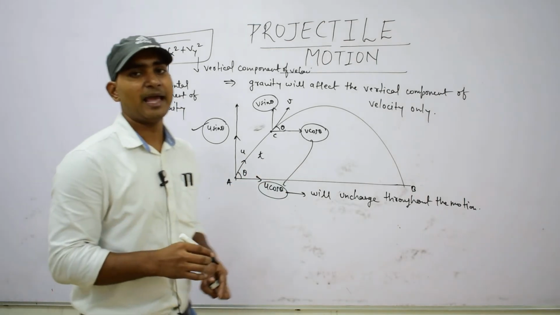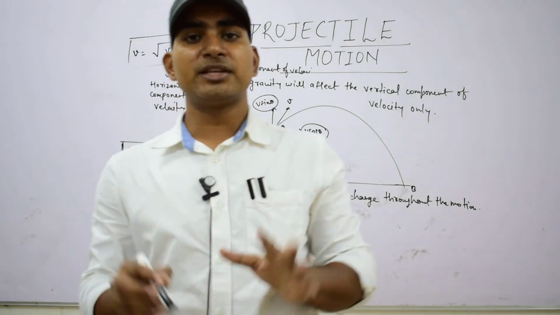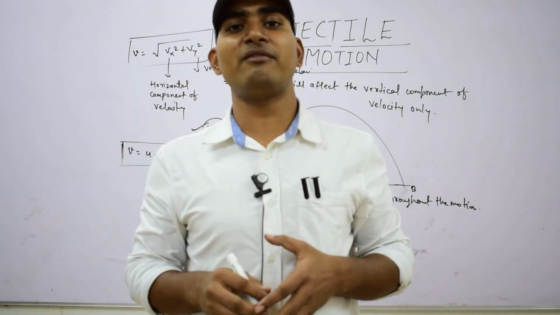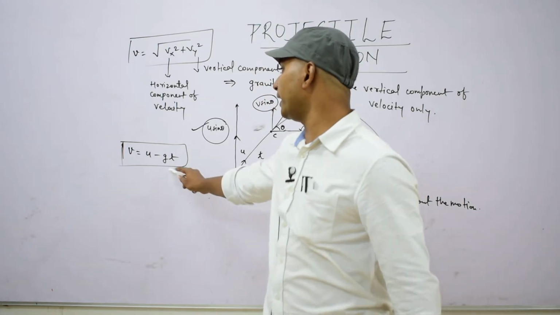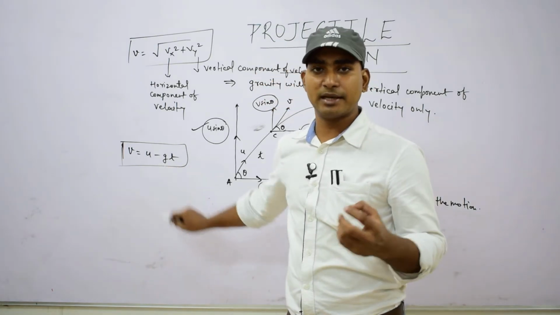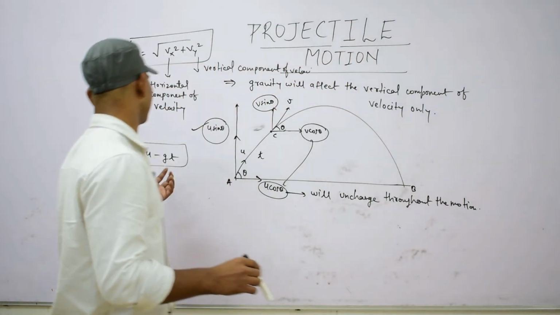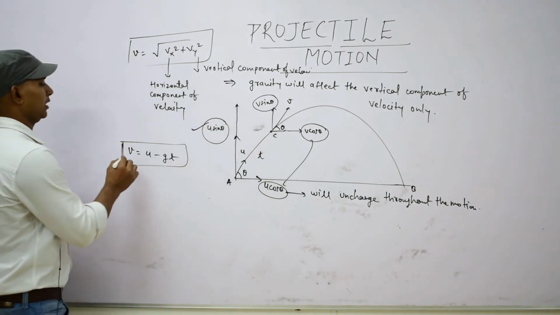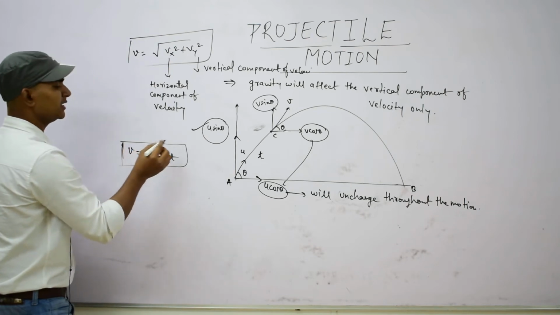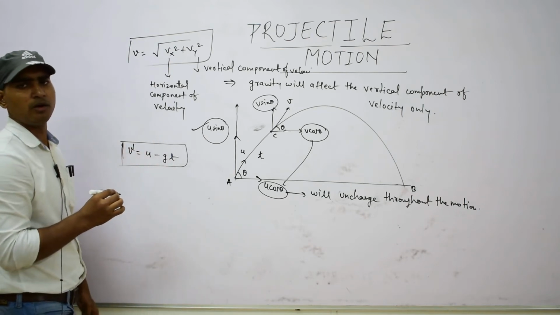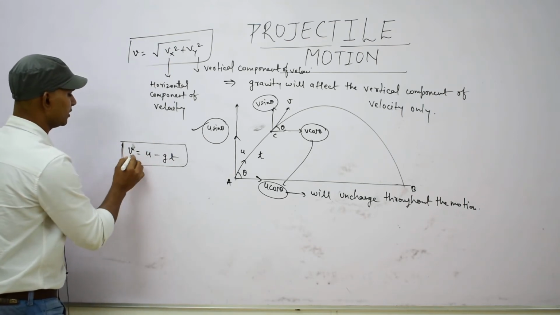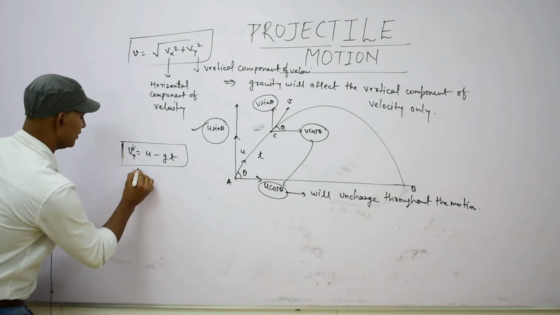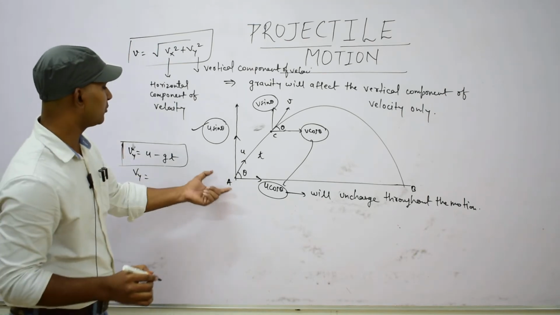But here, what is the acceleration? Only the gravitational phenomena we have to consider. That is why I am taking small g, acceleration due to gravity. Now see here, let's suppose I am considering the vertical component V dash, or you can just write Vy. So Vy equals the vertical component.